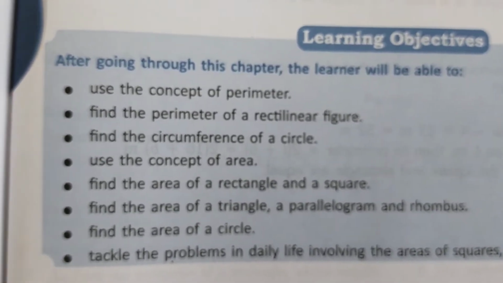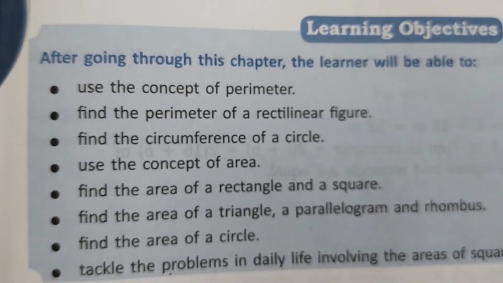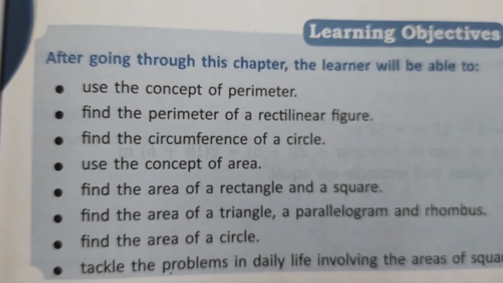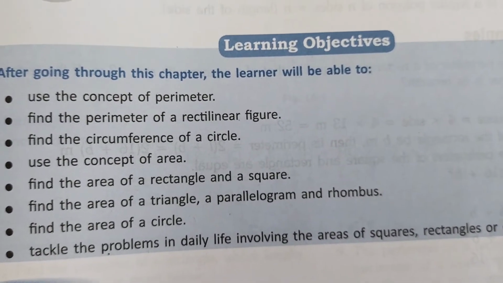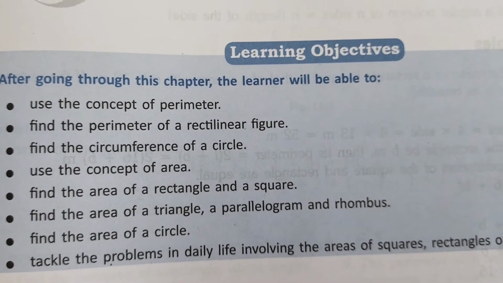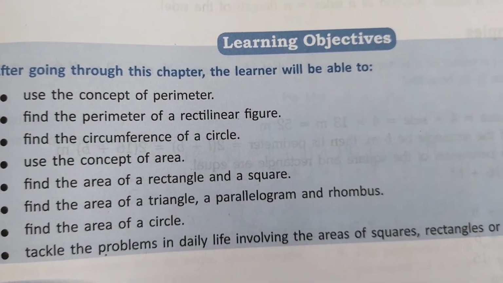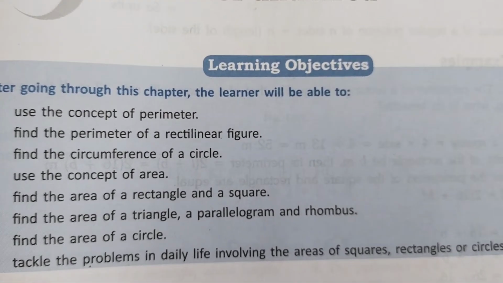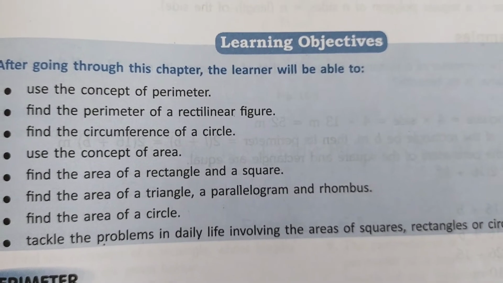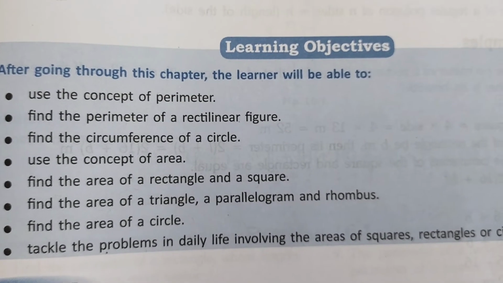So here the chapter is perimeter and area, Chapter 11. Learning objectives in this chapter: use the concept of perimeter, find the perimeter of rectilinear figures, find the circumference of a circle, and use the concept of area.